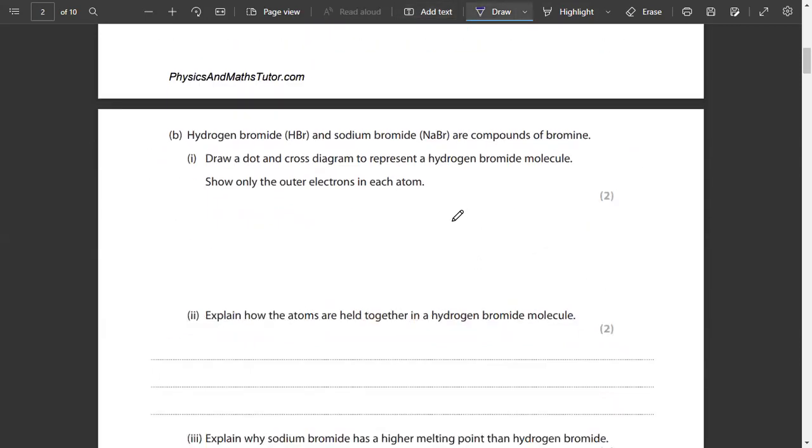Hydrogen bromide HBr and sodium bromide NaBr are compounds of bromine. Draw a dot and cross diagram to represent a hydrogen bromide molecule.